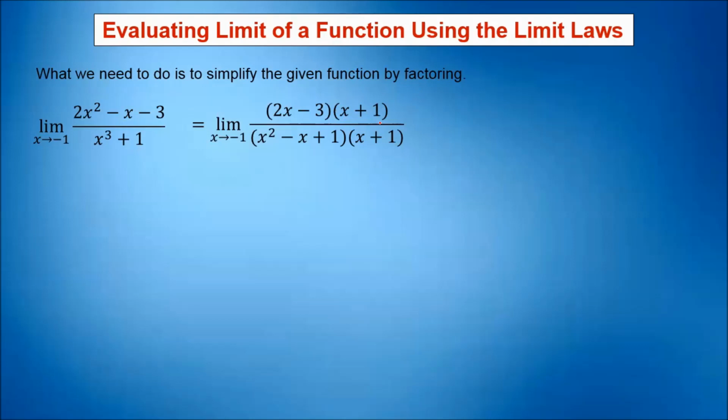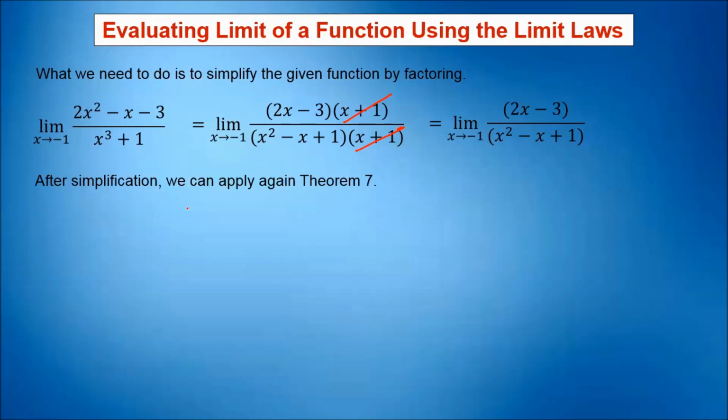Now, since we have a common factor, x plus 1, we're going to divide it out. We will be left with the simplified form 2x minus 3 all over x squared minus x plus 1.